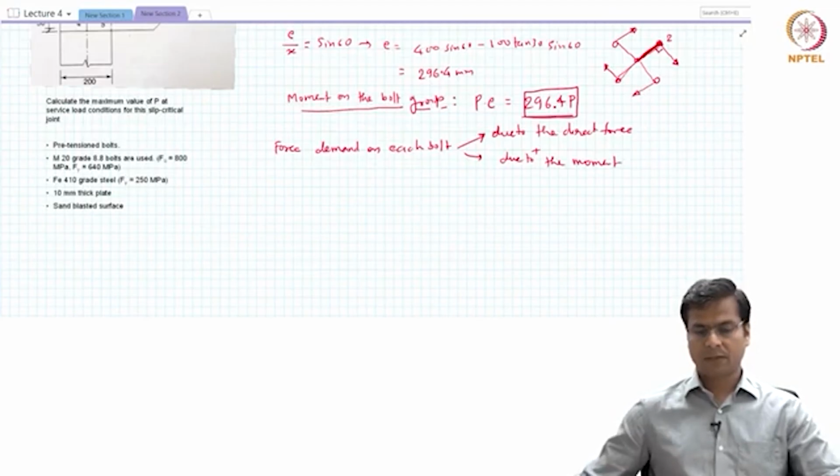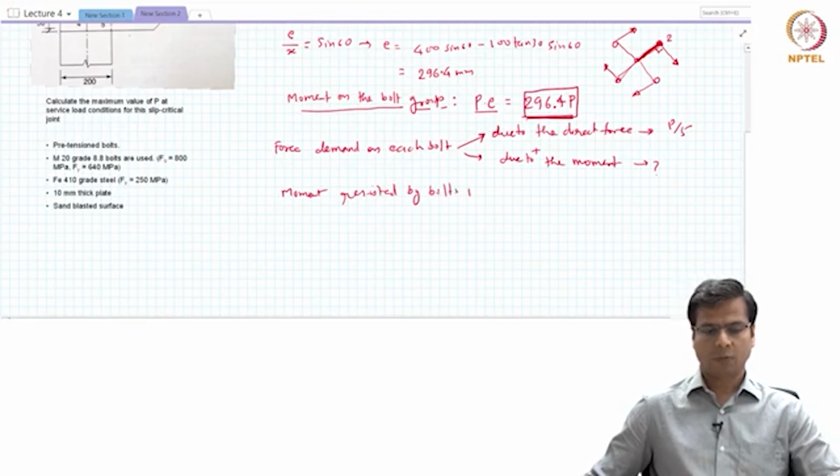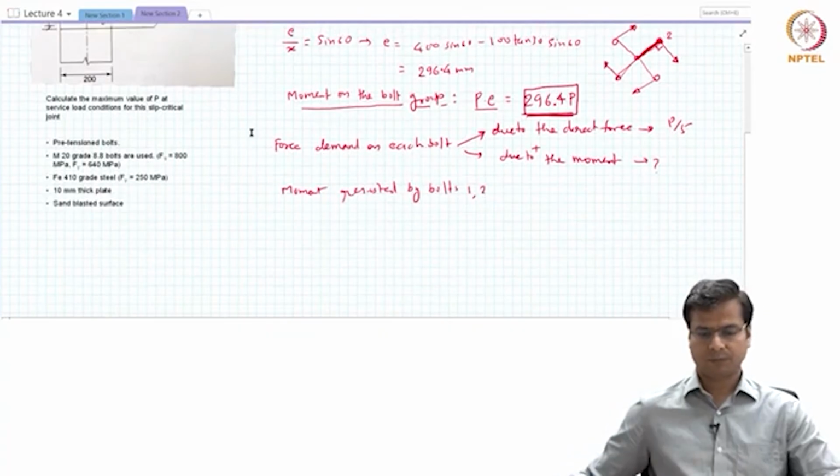Now we know how much is the force in each bolt due to the external load, that is P divided by 5. How much is the force in each bolt due to the external moment? So first we know the external moment, that is P multiplied by E. Now that moment has to be resisted by bolts 1, 2, 4 and 5.